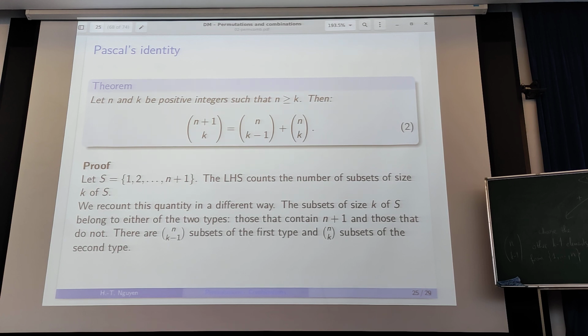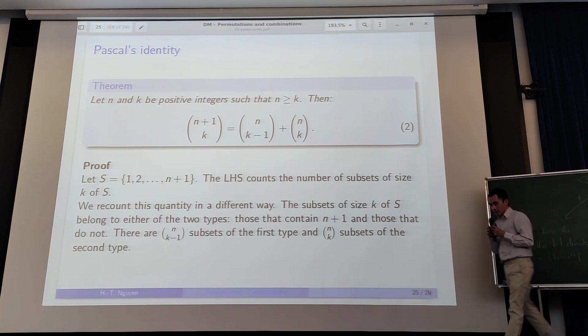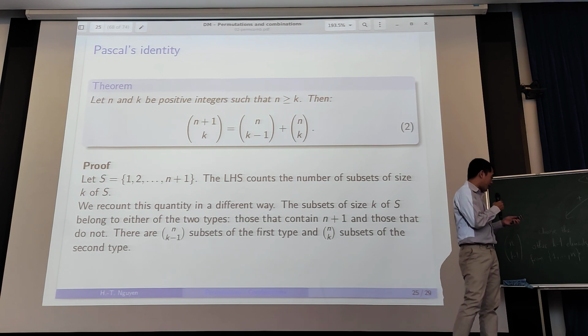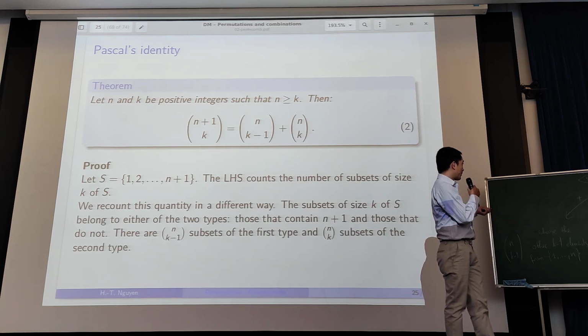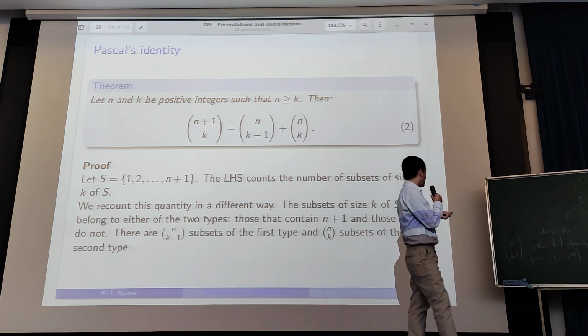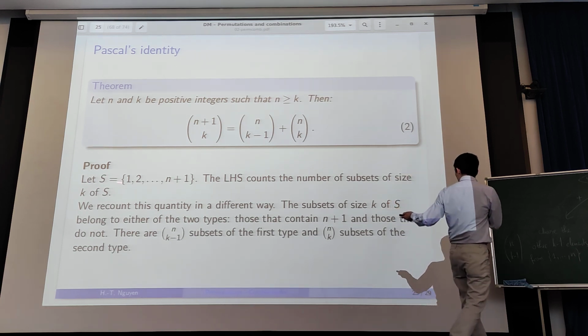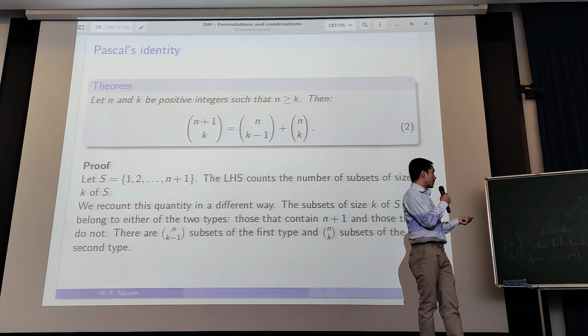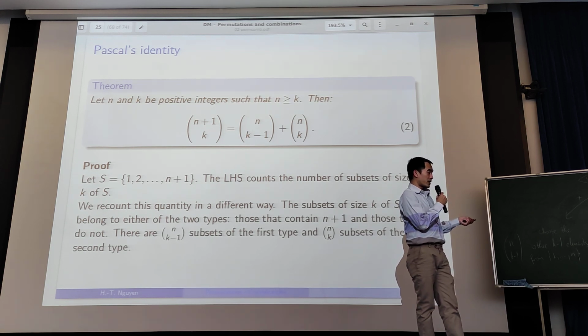And so we have n choose k. Okay? So now, if we look at this diagram, we have separated the subsets of size k of our set from 1 to n plus 1 into two subcases.